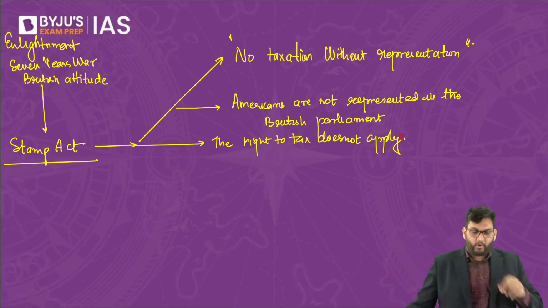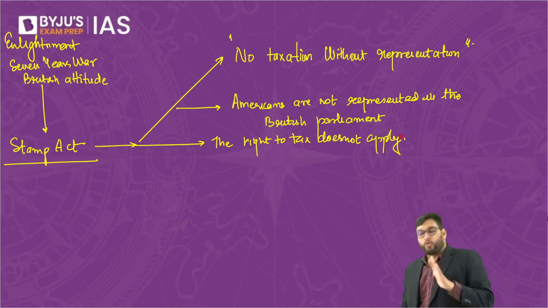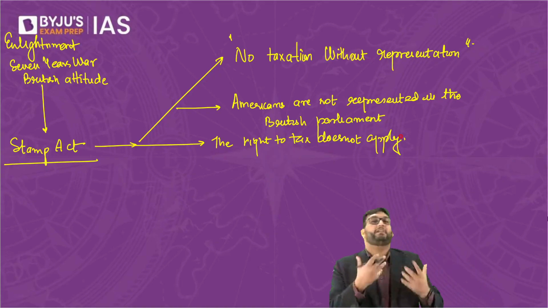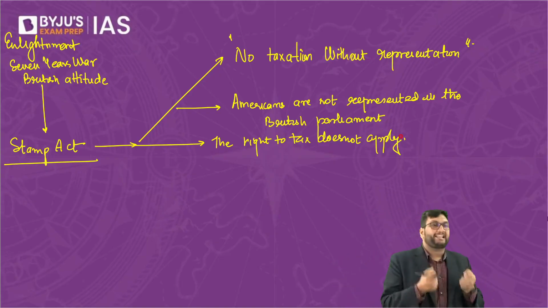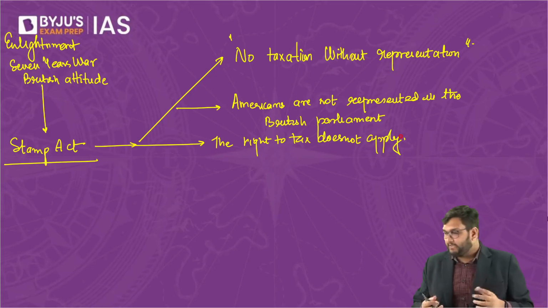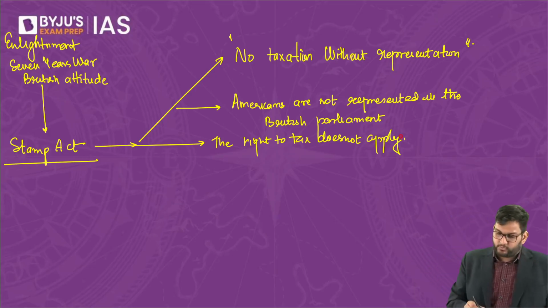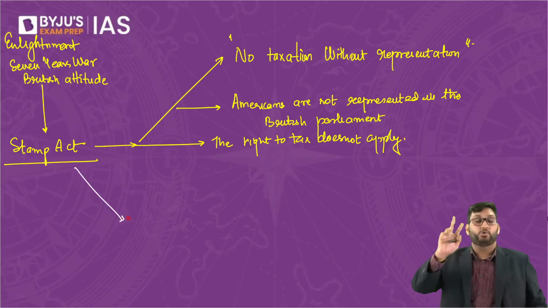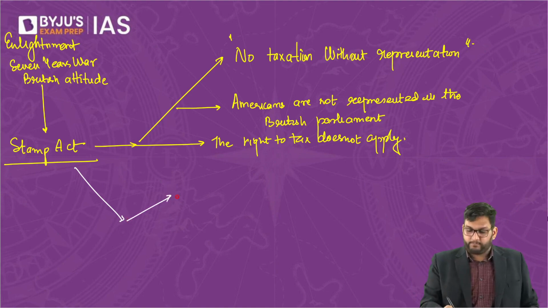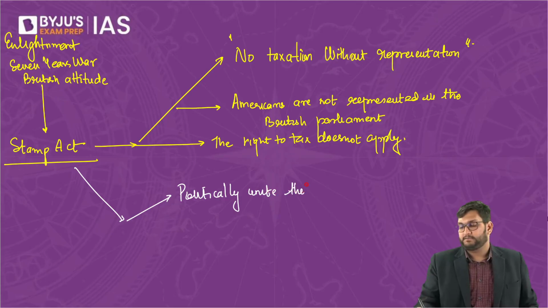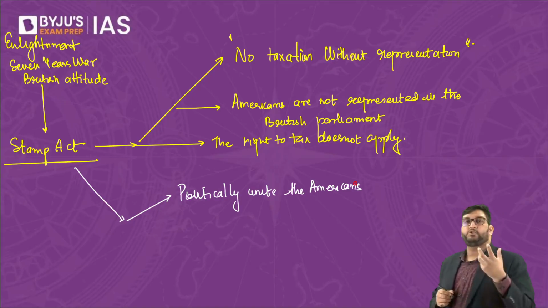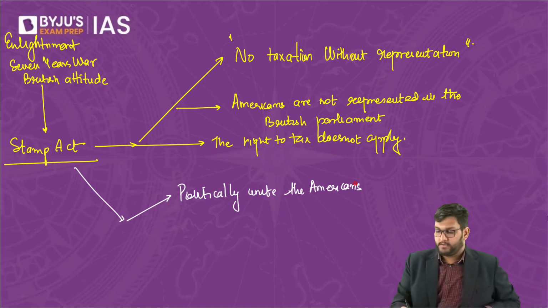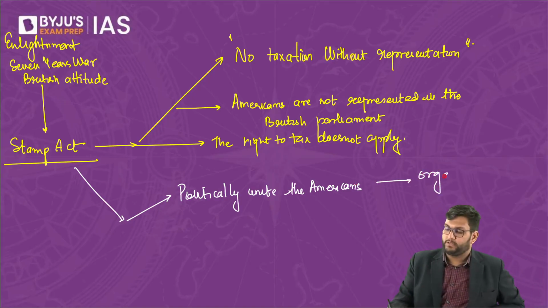So the point was, previously, nobody really cared about the merchants. But this tax will be a blunder, because it will do two things. It will politically unite the Americans, because there will be a new body, a new organization which will come up.